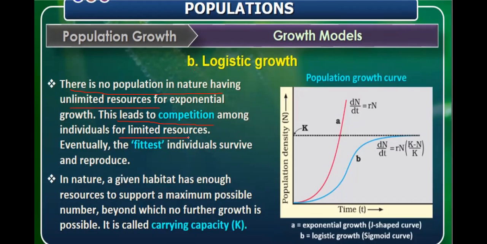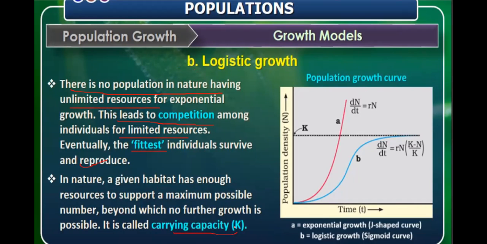Resources are limited, therefore competition will develop among the individuals for limited resources. Eventually, the fittest individuals survive and reproduce. In nature, a given habitat has enough resources to support a maximum possible number, beyond which no further growth is possible. It is called what? Carrying capacity, that is K.